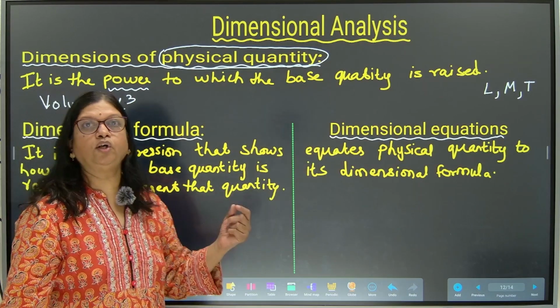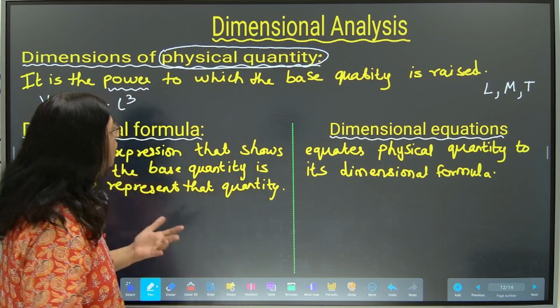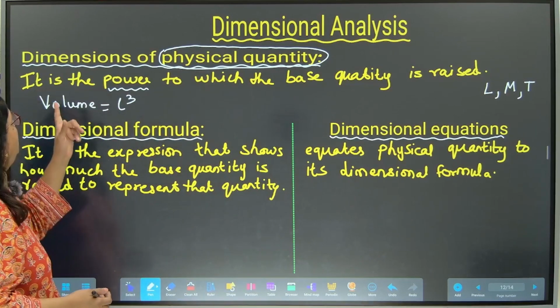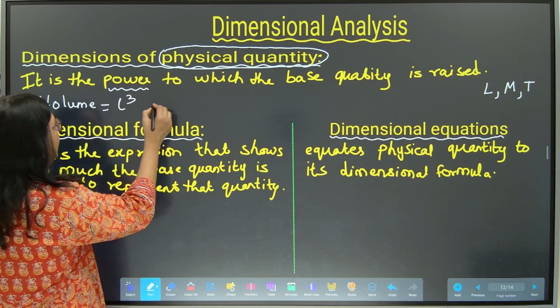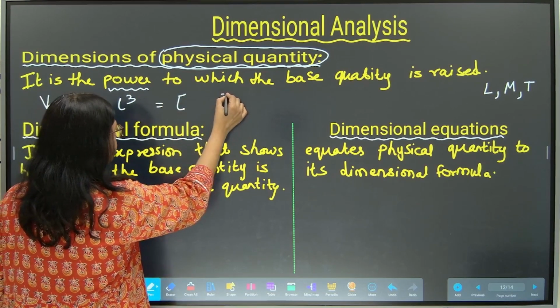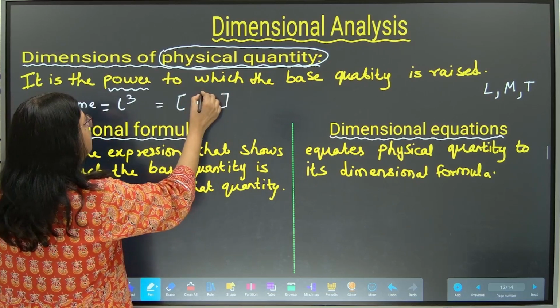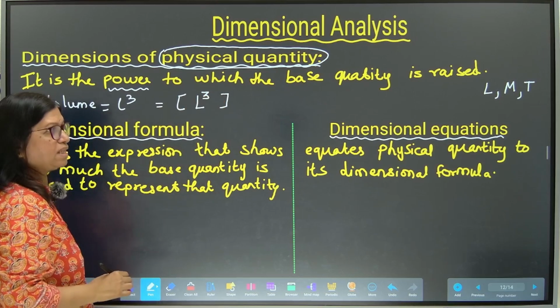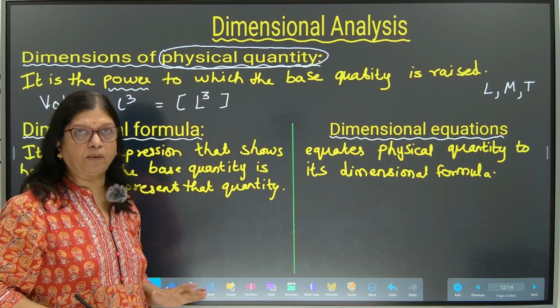We know the volume of an object is L cube. Fine. So we have written it as L cube, but now how to write it as a dimension? We will write it as a square bracket, capital L, and cube, because L cube is the formula.